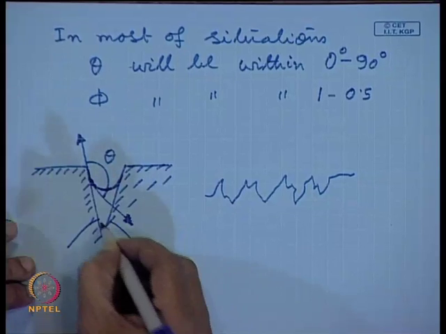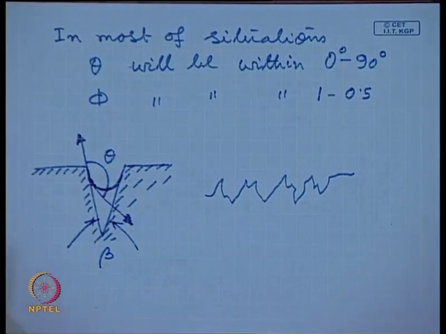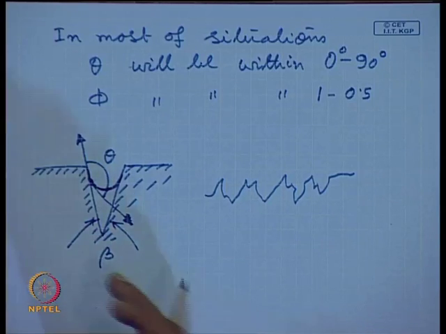So, there will be a large number of sites like this, sizes are different, shapes are different, included angle, this angle if I call it beta, these included angles are different. So, at a particular degree of superheat, this site will be activated. If I increase the degree of superheat, another site will get activated.